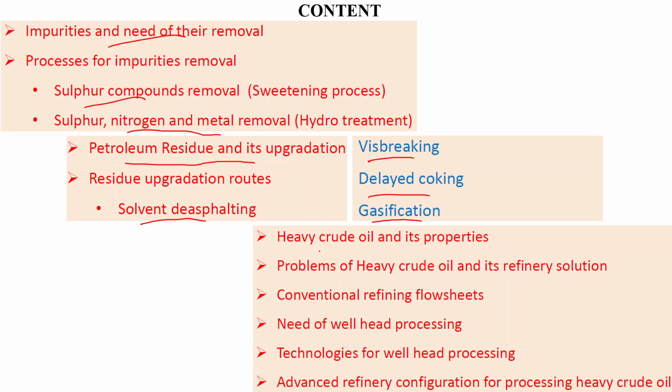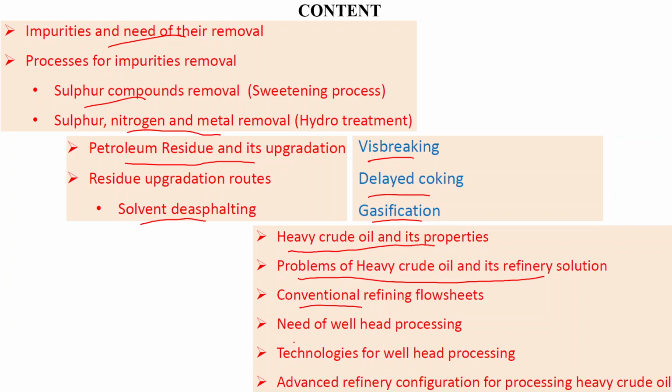Then the heavy crude that we get from the crude oil after the atmospheric distillation and vacuum distillation. We get heavy crude oil, its various properties we will see, the problems that are associated with its refining, and the conventional refining flow sheets associated with heavy crude oil.